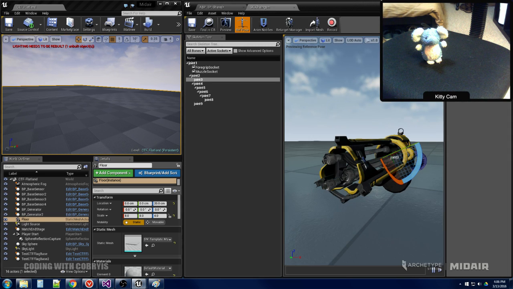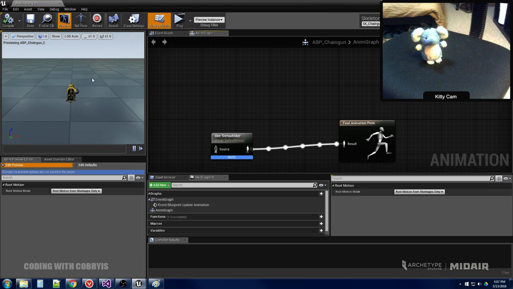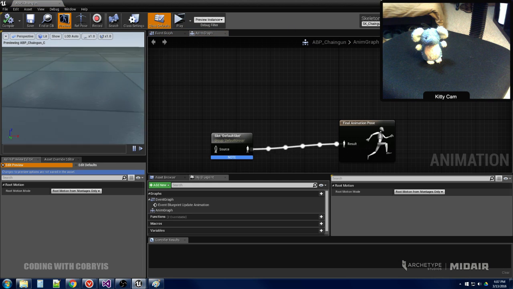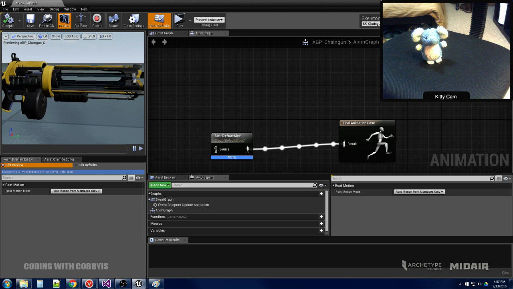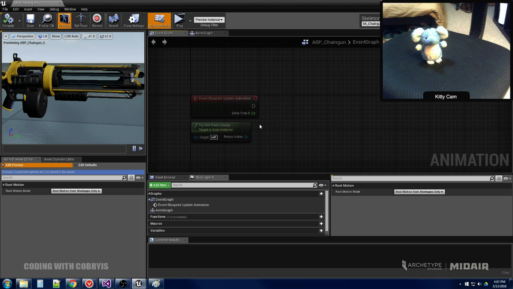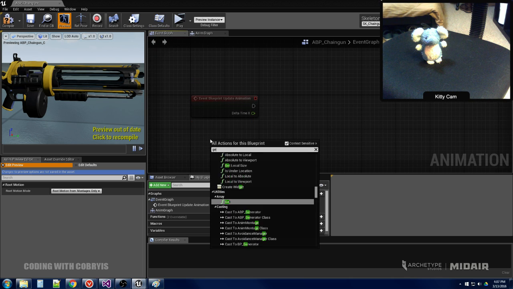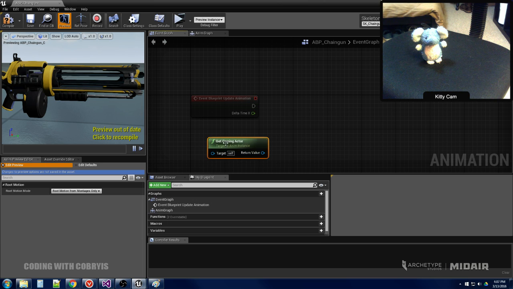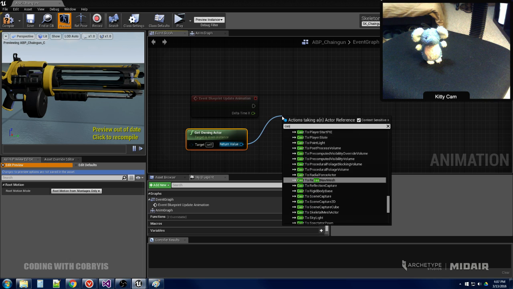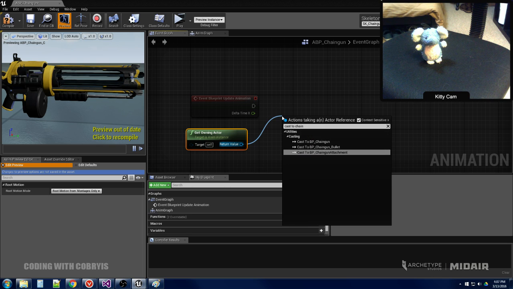We want to open up the animation blueprint. This guy. Alright. So now what we're going to do is say get owning actor, cast to chain gun attachment.